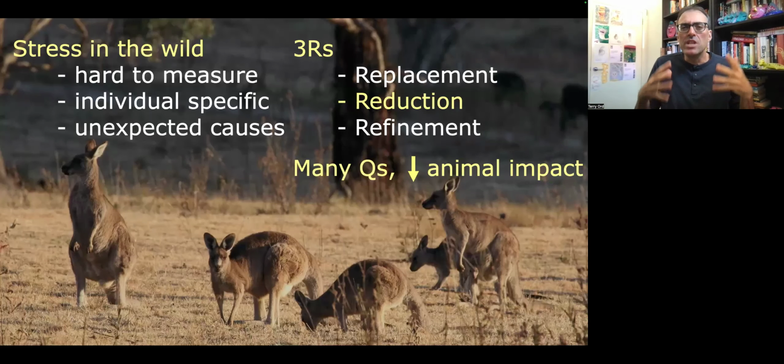So measuring the impact of stress in the wild is actually quite hard. We had to come up with these condition scores and tracking animals from one year to the next. The impact of stress from environmental change is individual specific. Some individuals are going to be more vulnerable than others. And also we discovered some unexpected causes of stress. Sure, drought is bad. That seems to be obvious.